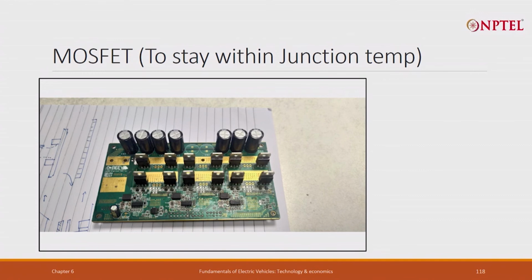Finally, we come to the semiconductor, where I said the junction temperature has to be kept within control. What you see here is a PCB. The semiconductors you see here are called the MOSFETs, metal oxide semiconductor field effect transistor. That is the expansion of it. Essentially it is a transistor which switches on and off, and when it switches on and off, heavy current flows through it when it is on and does not flow when it is off.